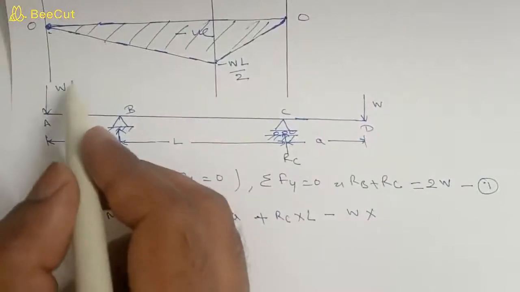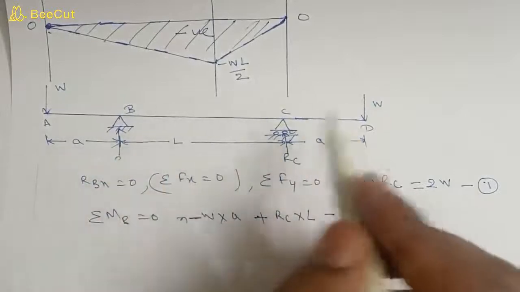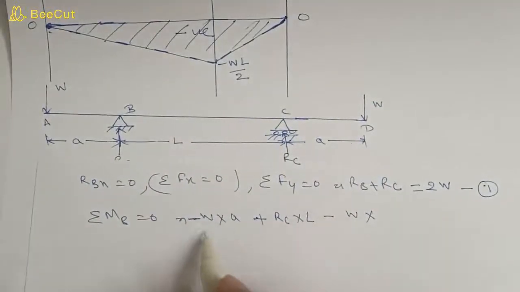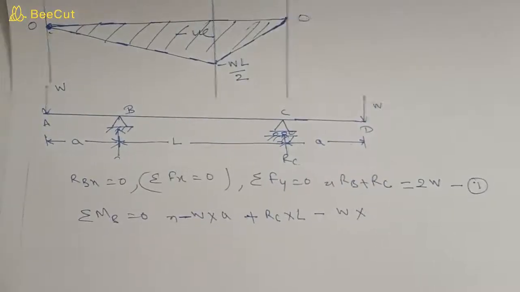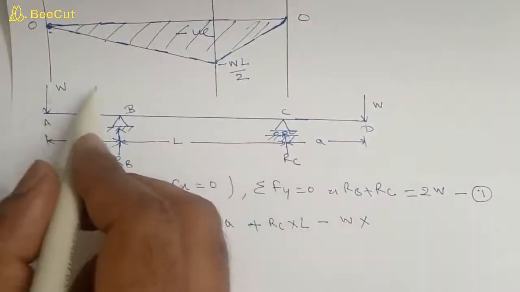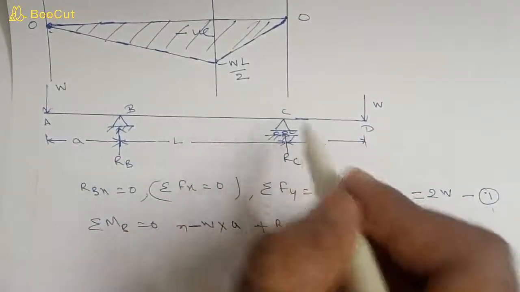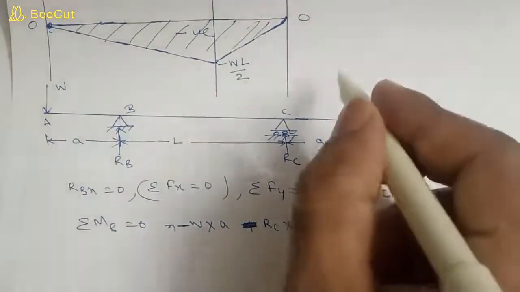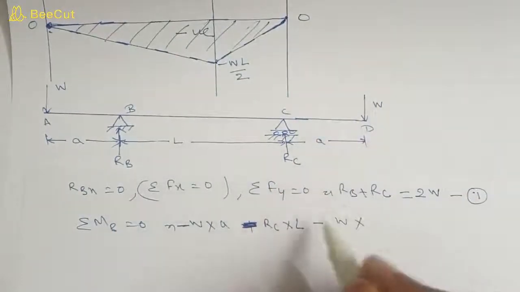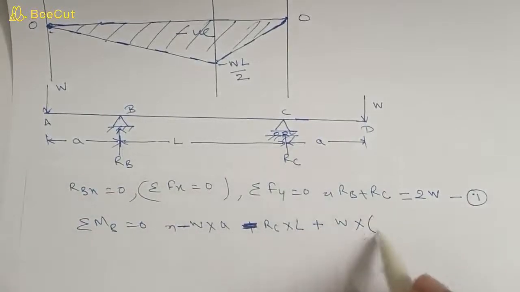This is causing moment in this direction and this is causing moment in this direction, so these will be opposite, so it will be minus WA, and RC into L. W is causing moment in this direction and RC is also causing moment in the counterclockwise direction, so these signs will be the same, both negative, and this is causing moment in the opposite, clockwise direction, so it will be plus W into L plus A, equal to 0.